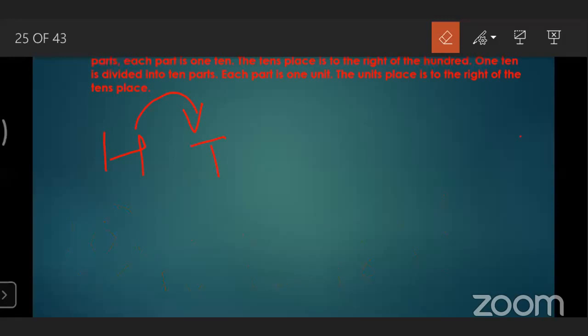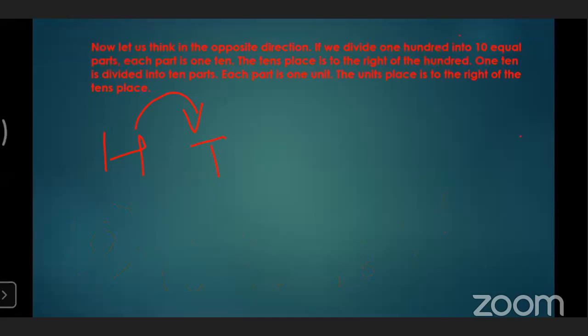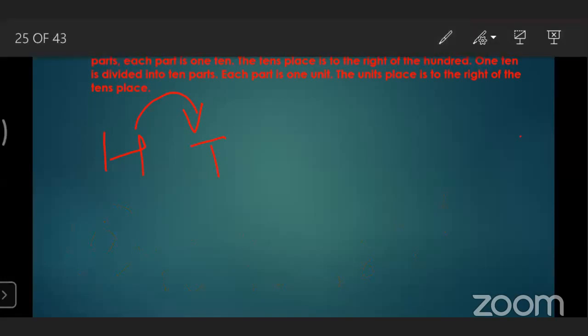Now, tens place. When we divide this 10 place into 10 equal parts, now 10 is there, okay? And we are going to divide this 10 into equal parts, means 1, 2, 3, 4, 5, 6, 7, 8, 9, 10, right? 10 times 1. So each part becomes one unit.